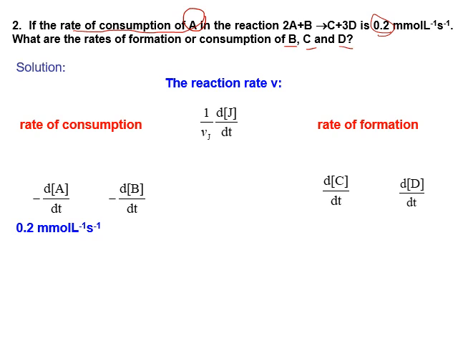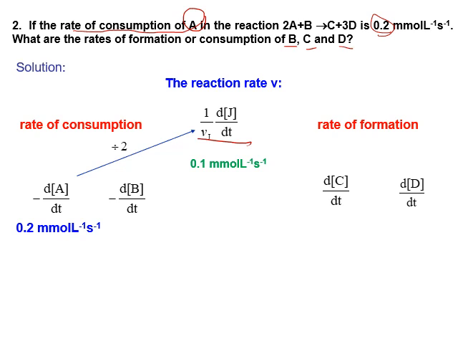But first, we want to calculate the rate of reaction. For an individual rate, you divide by the coefficient. In this case, for A it is 2, so you divide by 2. The reaction rate is calculated to be 0.1.